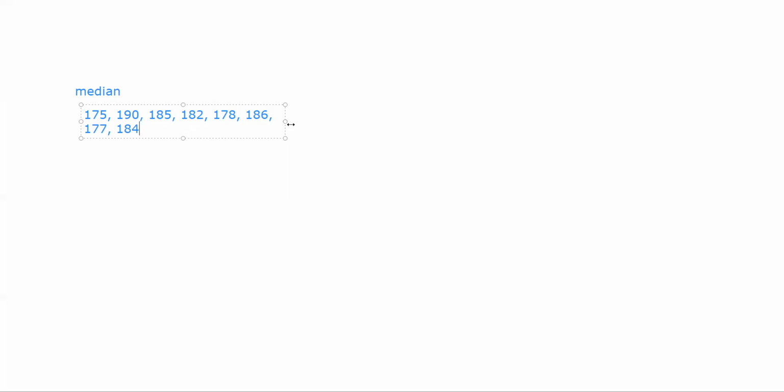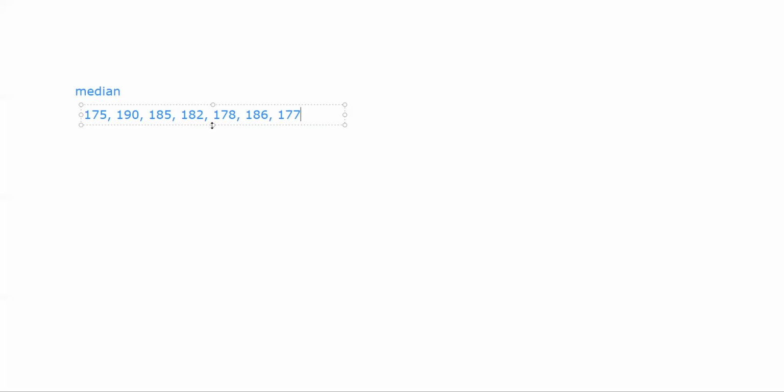So these are the heights of the 8 persons participating in a race. And we have to find the median of this data set. Let's say there are only 7. We will talk about 8 in the next example.